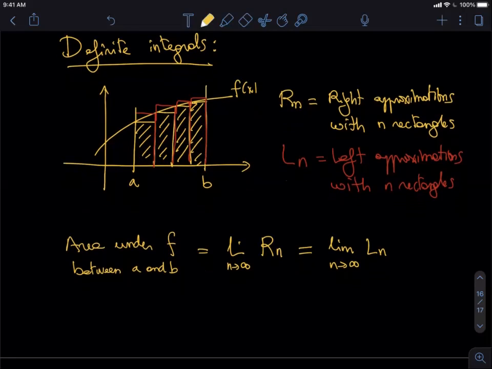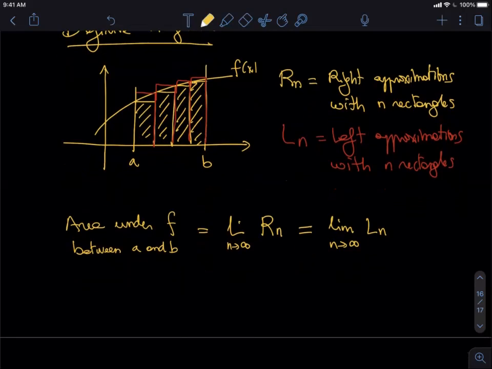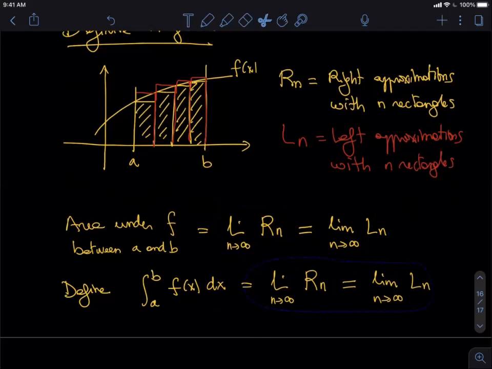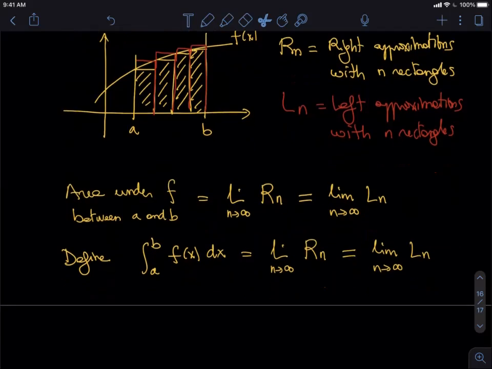So instead of talking about area under f all the time, we are going to define the definite integral from A to B of f of x dx. This is precisely these limits of the left and right approximations.